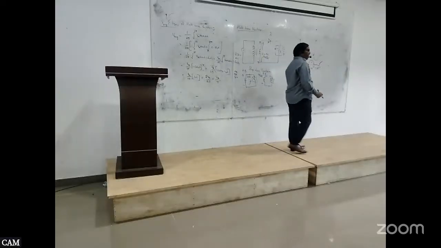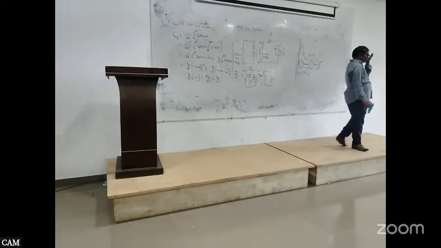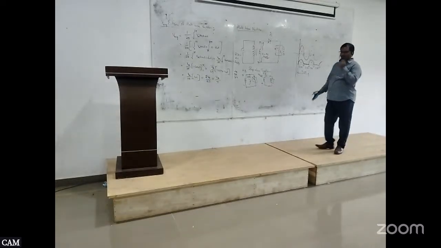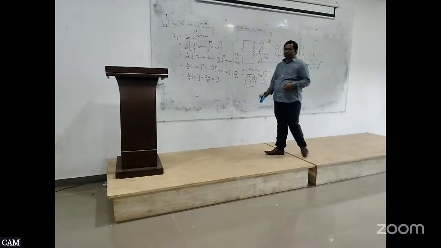So we get 2Vm by 2 pi. The 2 cancels and we get Vm by pi. So this is the average value of the half wave rectifier: Vm by pi.